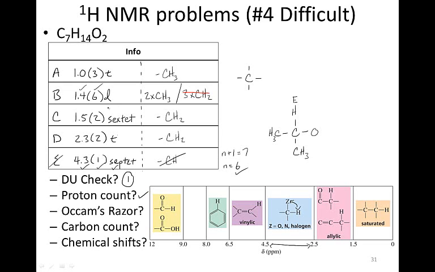And so then the next thing is the splitting pattern, so a doublet. So if we look at these CH3s right here, the only vicinal proton that we have is proton E. So for this guy, n is going to equal 1, and so 1 plus 1 is going to equal 2. So that should show up as a doublet. And it does seem that it shows up as a doublet.